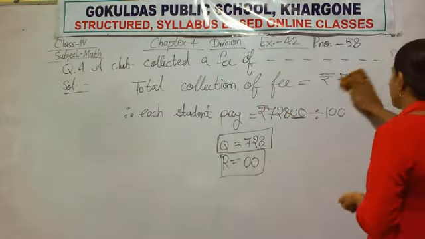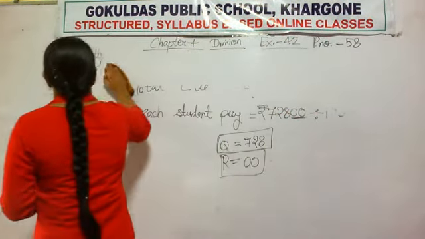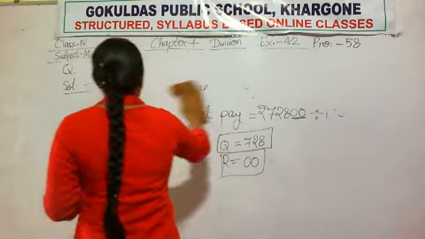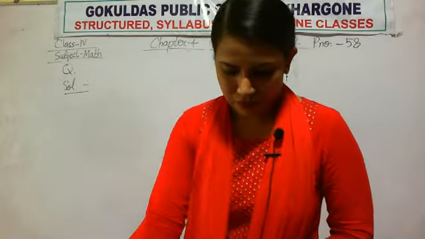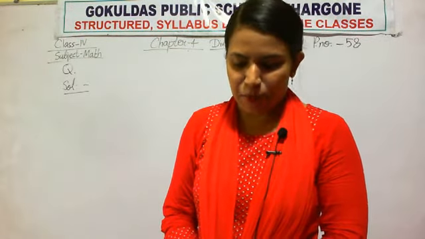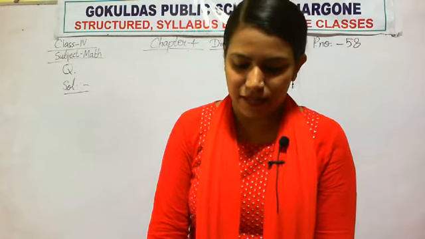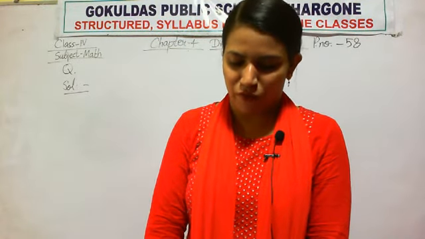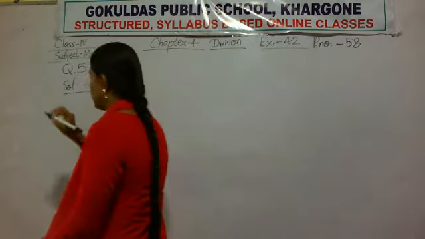Okay. Now let us move to the next word problem. Question number 5. Read it. A farmer has 220 apple saplings. If he sows 10 saplings in a row, how many rows of apple trees will be there? Question number 5.